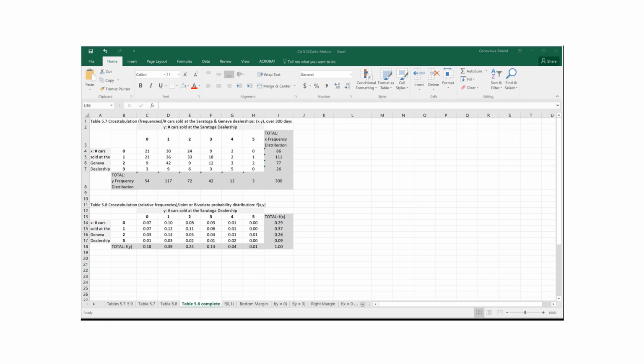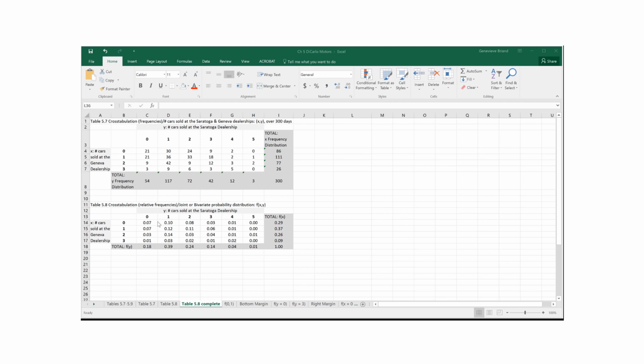This is table 5.8 when we completed it. When we've computed all the relative frequencies or fraction of the whole, the sum of all of them should be 1, and it is.